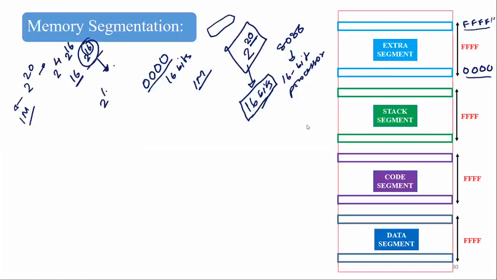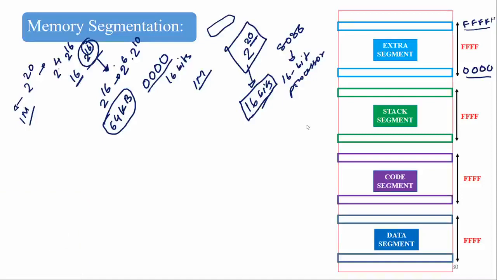As 2 to the power 6 times 2 to the power 10. That means 64 kilobytes. Isn't it? So I want to ask how many segments of 64 kilobytes are possible with 1 megabyte of addresses? 16. Yes, that's what I want to get from you.